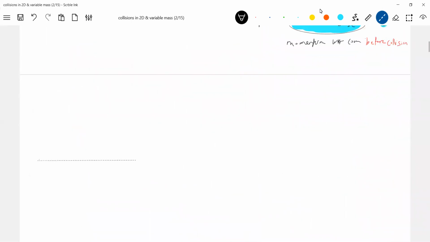If I draw the vectors, this is V1C bar, this is V1 bar, and this is the velocity of center of mass.